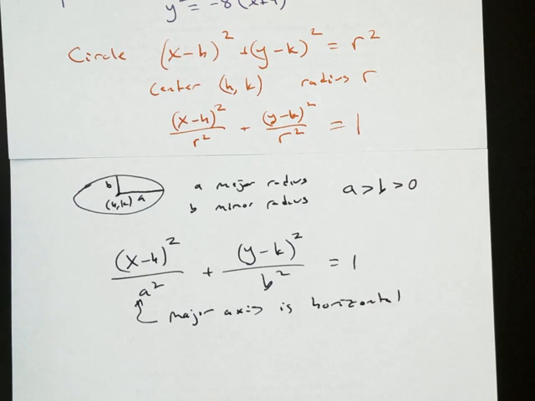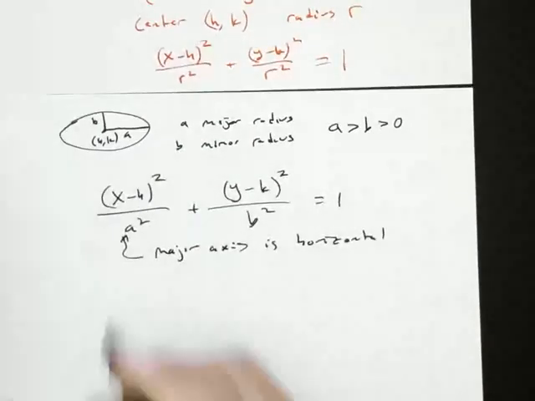The major axis, the long axis of my ellipse, is horizontal in that case, because it's under the x term. If it's under the y term, then the major axis is vertical.